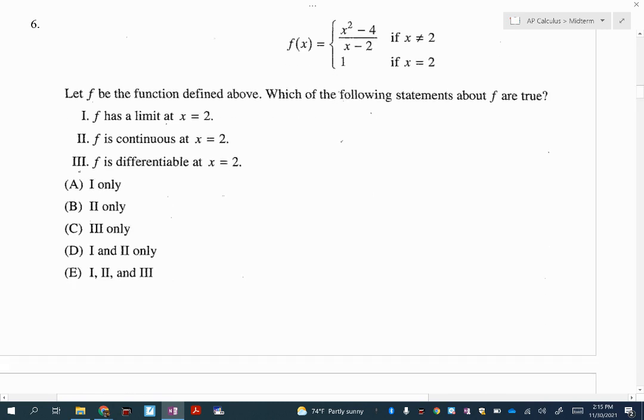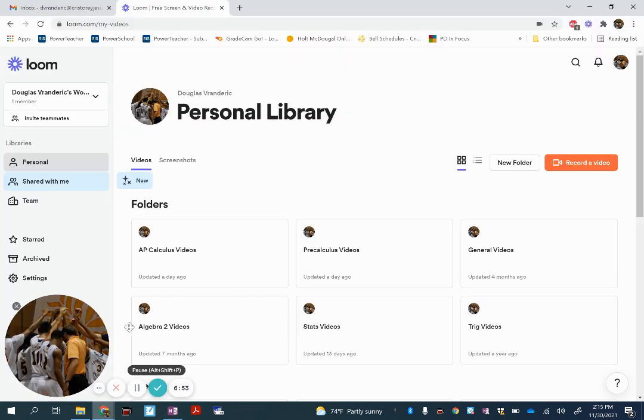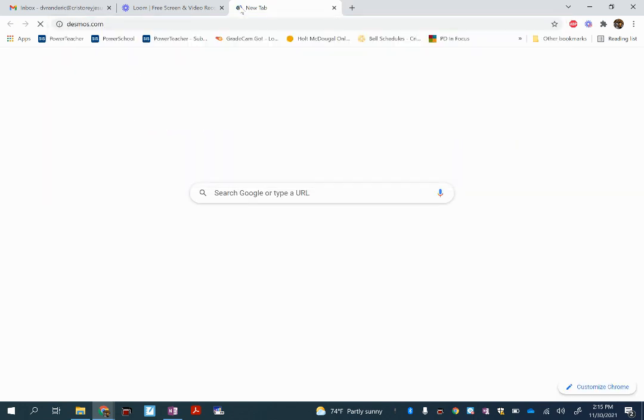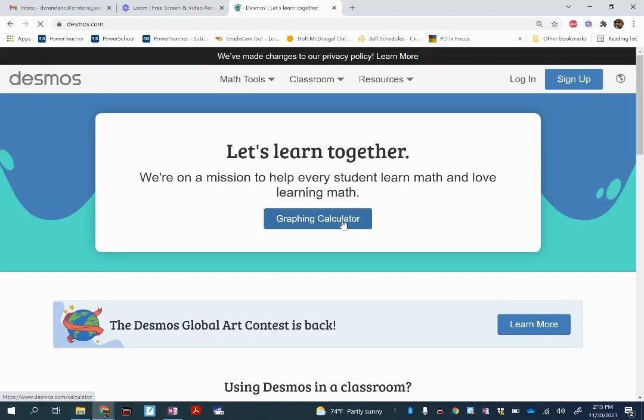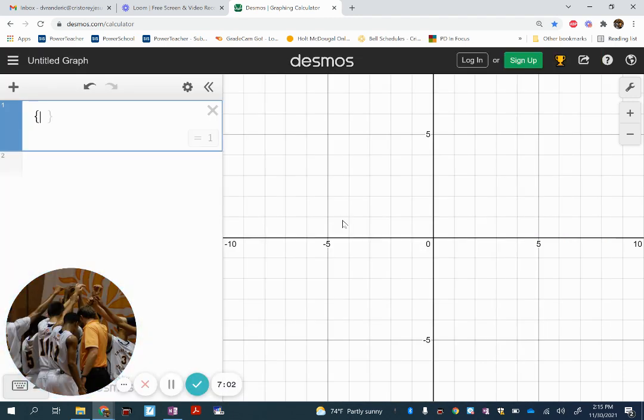Now, number 6. Number 6, I'm going to go to Desmos and type this piecewise function in for us. It'll help us understand all these statements and take a moment to talk about what they all mean. All right, so I'm going to type in my piecewise function, which is going to be for values less than 2, x squared minus 4 over x minus 2.